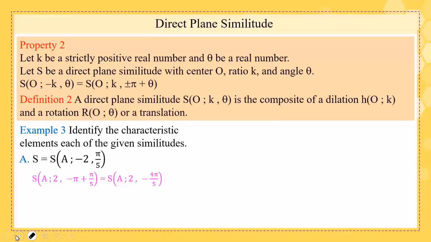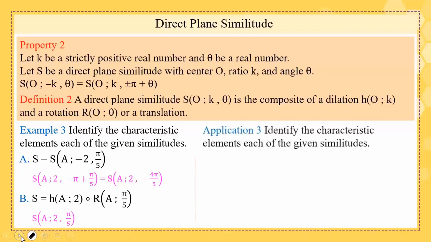So in order to remove the negative sign from the ratio, it's enough to add or subtract pi to the angle of this similitude. The second part: S is the composite of a dilation and a rotation of the same center and of ratio 2 and angle pi over 5 respectively. Yes, S will be a similitude of center A, ratio 2 and angle pi over 5.